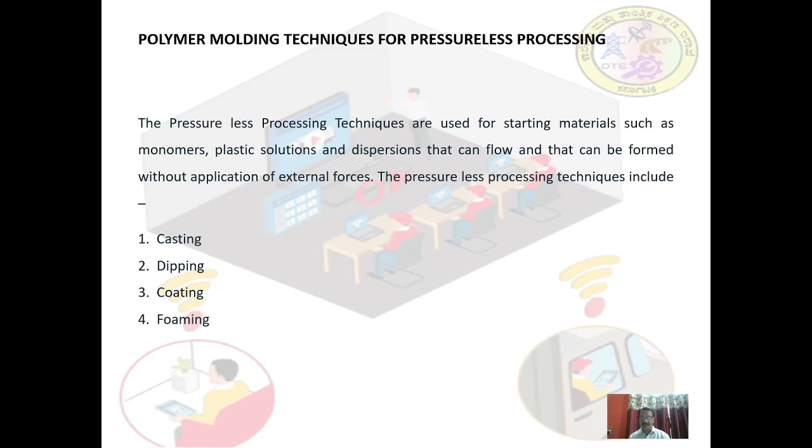The remaining layer is gelled in an oven, and after cooling, a hollow article is obtained. Such molding can be further modified into rotational casting for the production of hollow articles made of PVC.